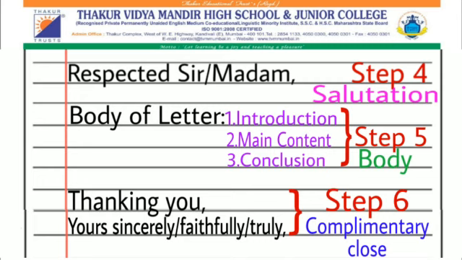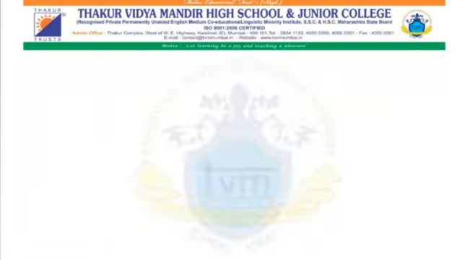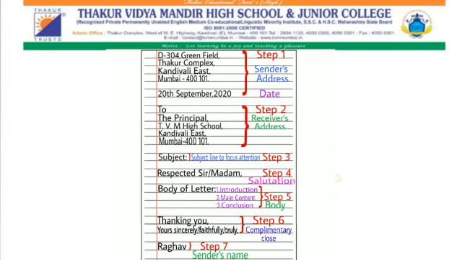When you write yours, don't put apostrophe after R. There is no apostrophe in the word yours. Place a comma and write your name, that is the sender's name, at the last. This is the last part of the formal letter, writing the sender's name. Children, this is how the formal letter is written.